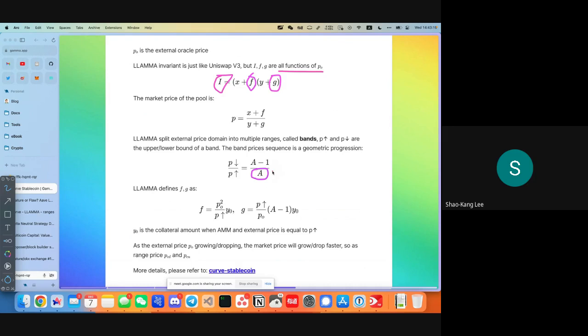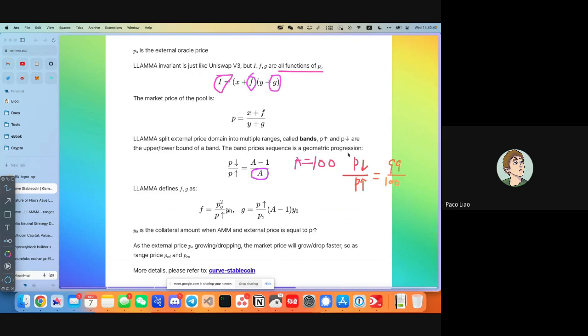Got it. Thanks. So the contract deployer will decide the A. I think in their code, A equals 100. So P down divided by P up is like 99 divided by 100.